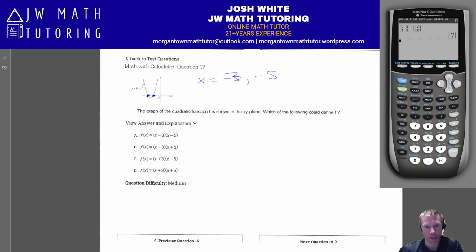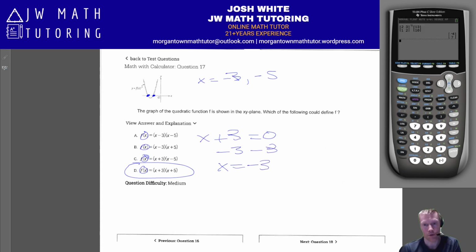So what that means is we need a function such that when we set it equal to 0 and then solve it out, we want our two answers to be -3 and -5. The only answer that is going to be true for is going to be letter D. Because if you take x plus 3 and you set it equal to 0, you subtract 3 and you get x equals -3.